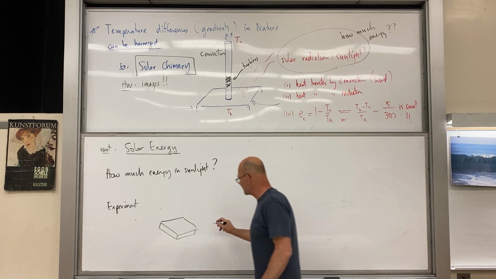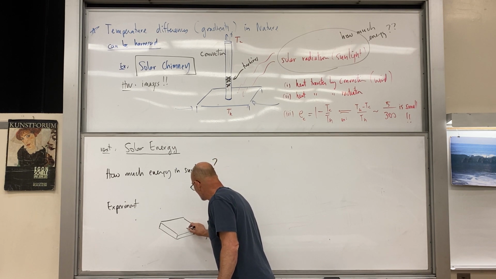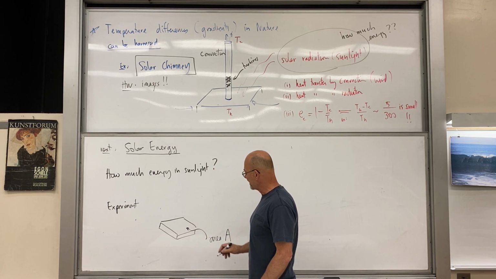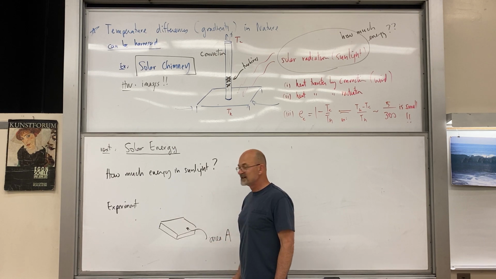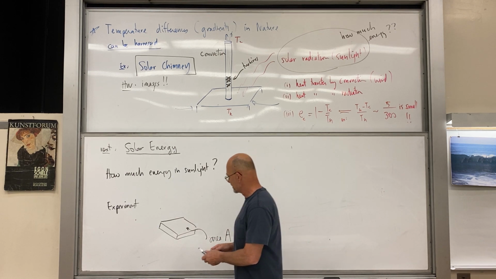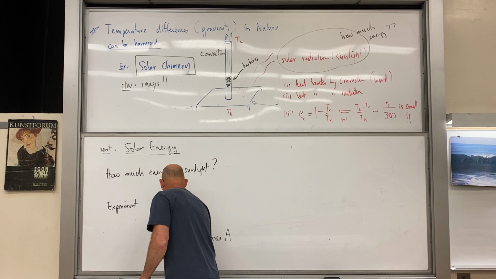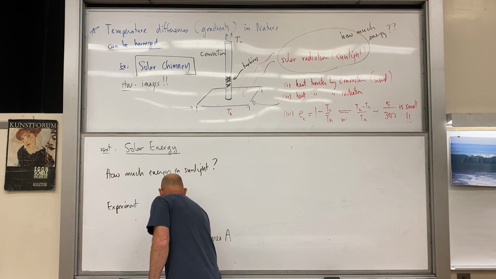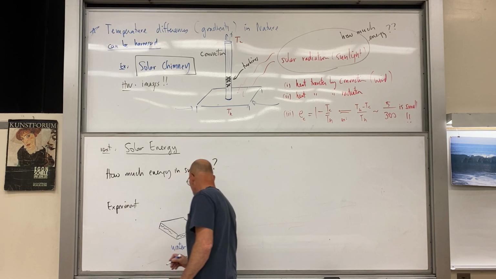So I have a surface area, I'm just going to write area A. And this box here contains water. So it has water inside, mass M.